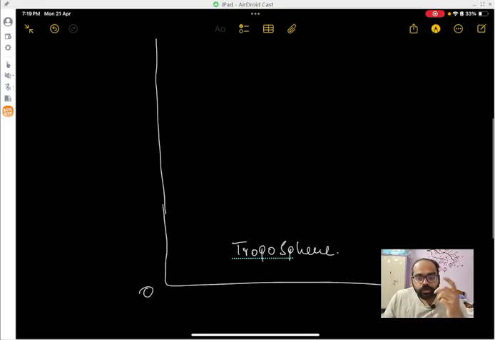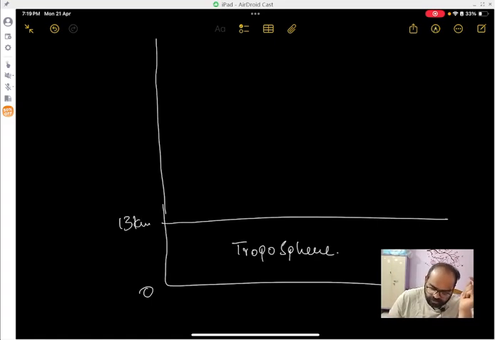The troposphere is the first layer of the atmosphere, and it is mostly in contact with the surface of the Earth. Contact in the sense that it is nearer to the surface of the Earth, and the average distance of the troposphere from the surface of the Earth is 13 kilometers.